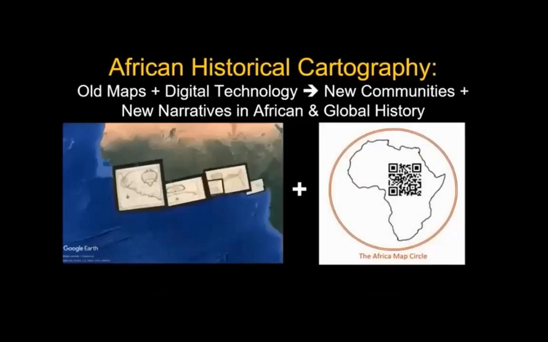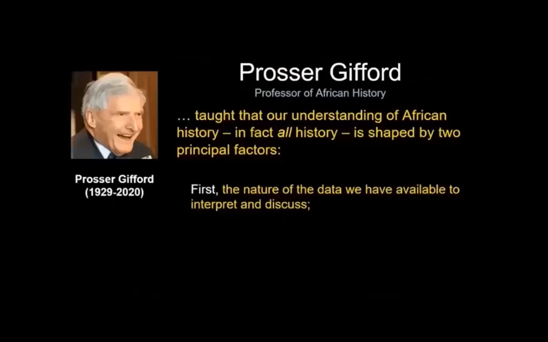Take a look, for example, at what is being undertaken in the Africa Map Circle, a group of people internationally that have gotten together to share this kind of information and share their analyses of these maps. They're inspired in part by the work of Prosser Gifford, a professor of African history for a long time.